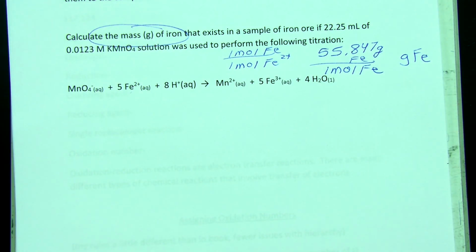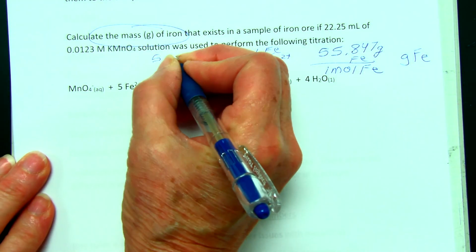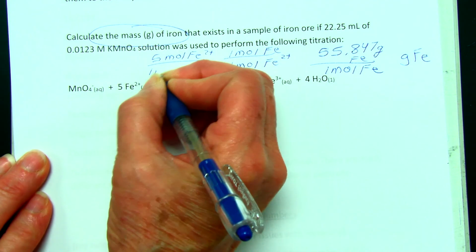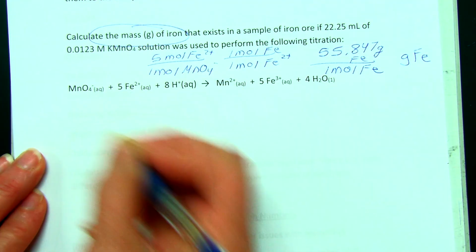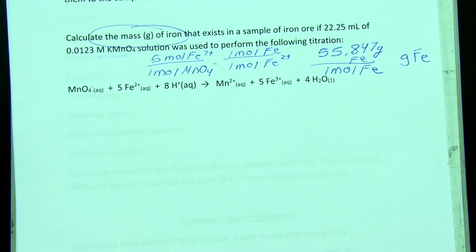What's the relationship between the permanganate ion and the iron, looking at our mole to mole ratio? Well, we have 5 moles of iron 2 plus for every 1 mole of permanganate. But somebody always says, wait a minute, what happened to the potassium here? It's hanging out in solution doing nothing, right?